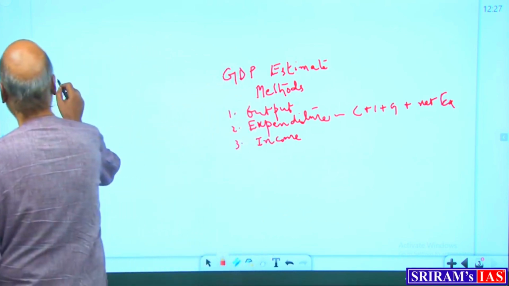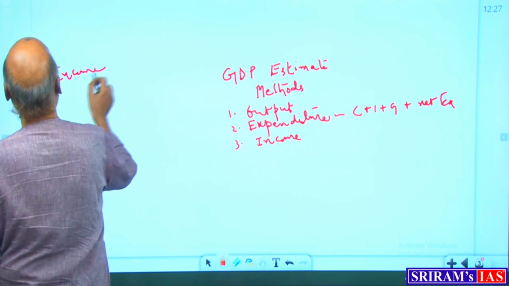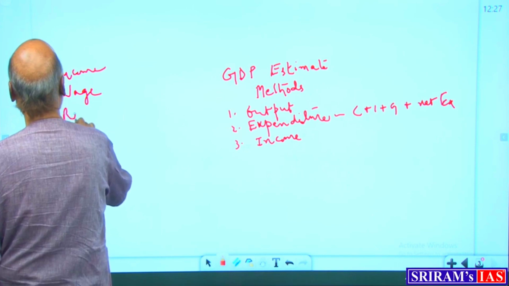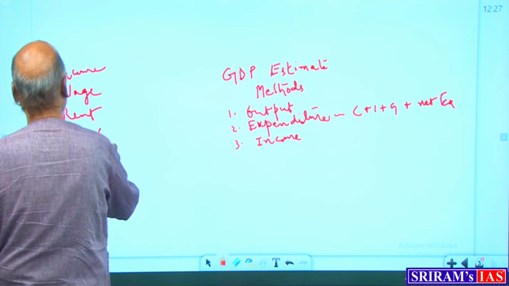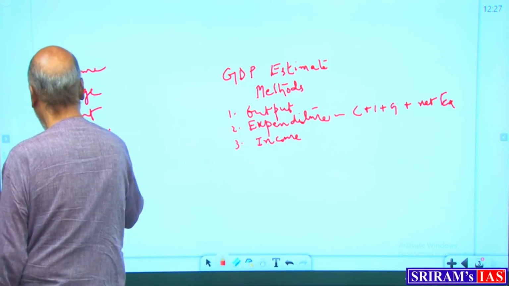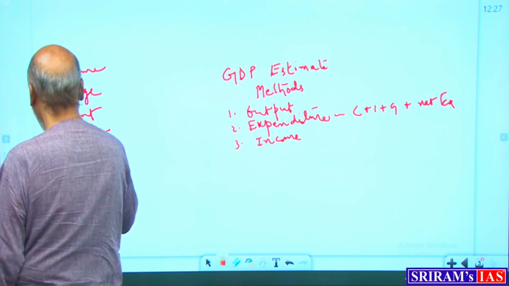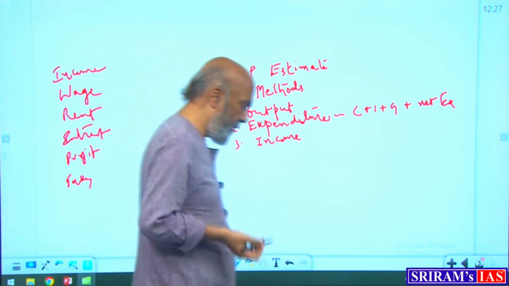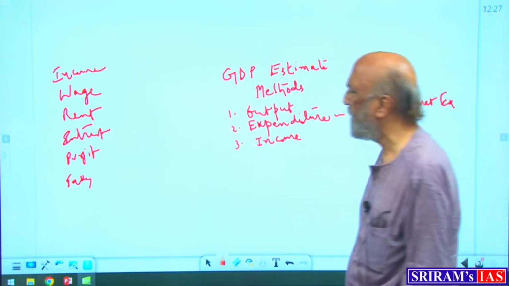So income: wage, labor; rent, land; interest, capital; and then profit, the entrepreneur, the enterprise; and of course the government, taxes, all sorts of taxes. Taxes, dividends, interest, what have you, divestment, everything except loans that the government takes.